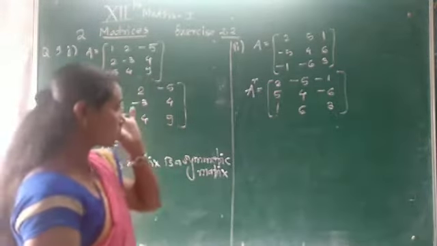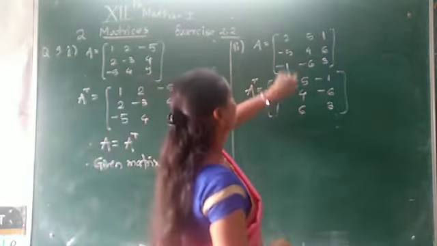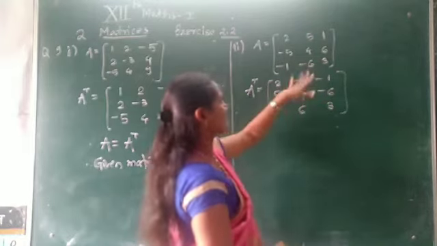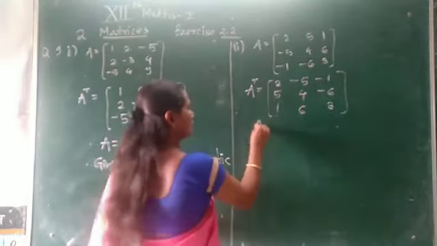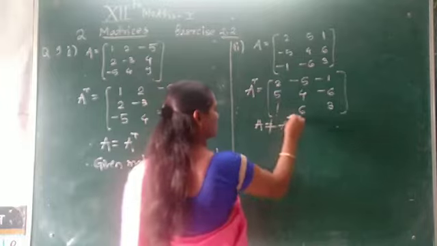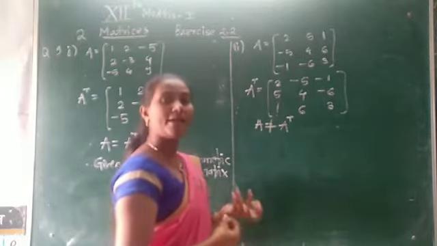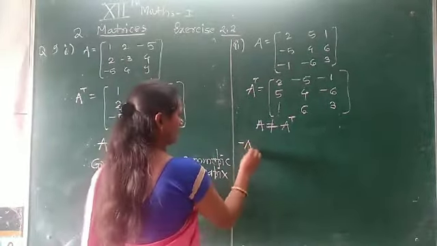Now look at these two matrices. 2, minus 5, minus 1. These are not equal. A not equal to A transpose. So here we find minus A transpose.